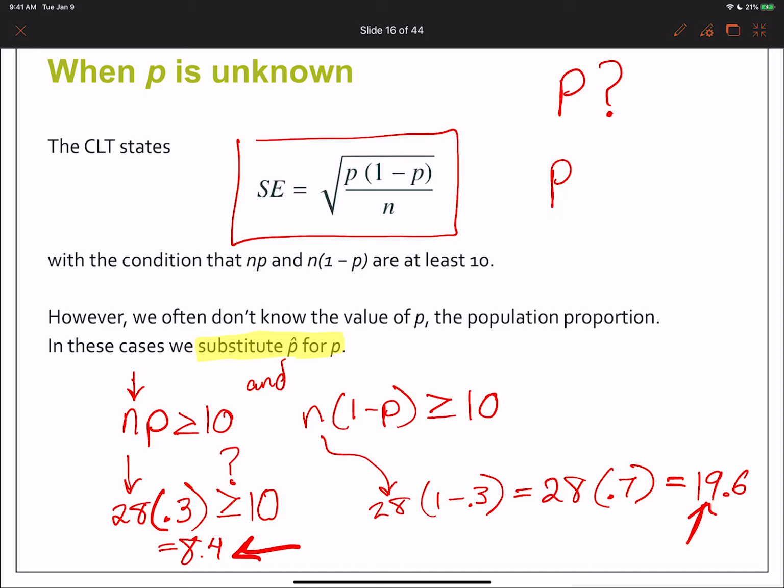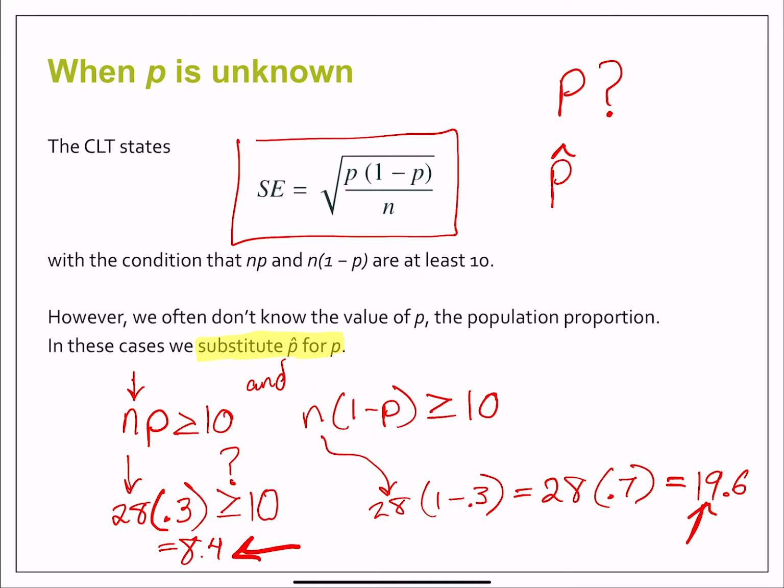Once we put the hat on it, it becomes a sample statistic. So we don't know what P is, but we do know what our sample statistic is because we took samples. What we can do in that case is substitute P hat for P. So in our standard error, we use the statistic instead of the population parameter.